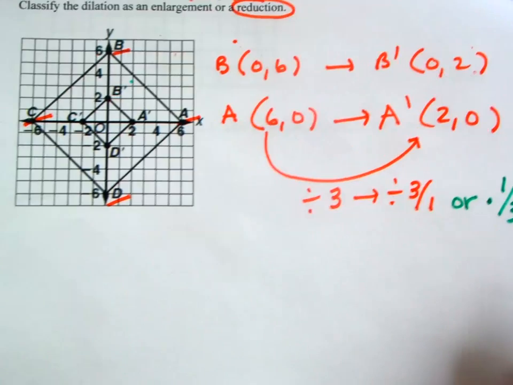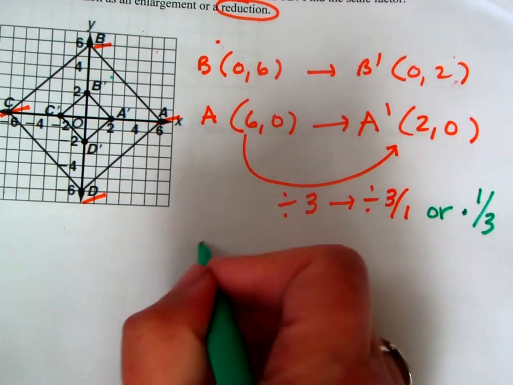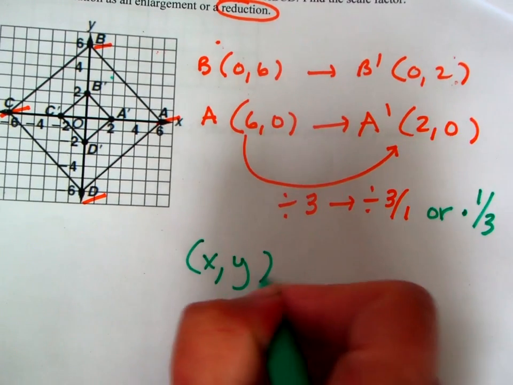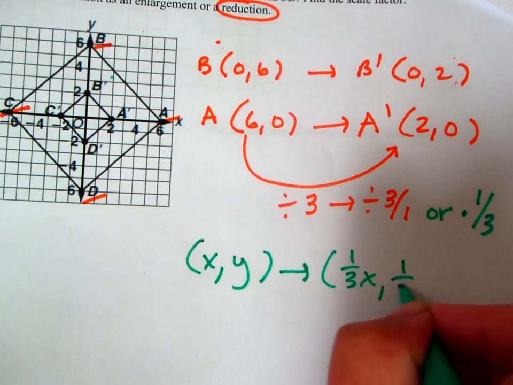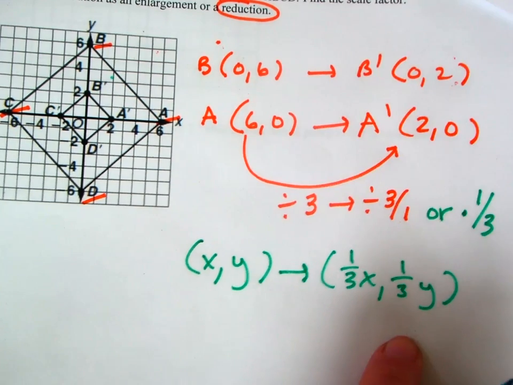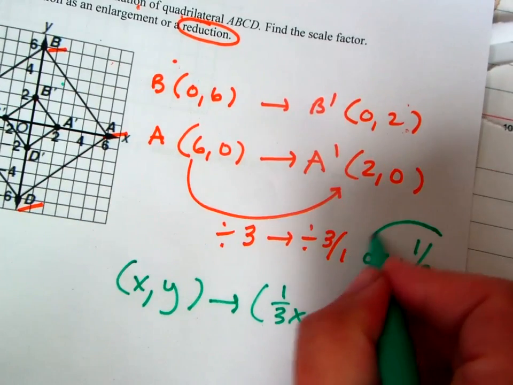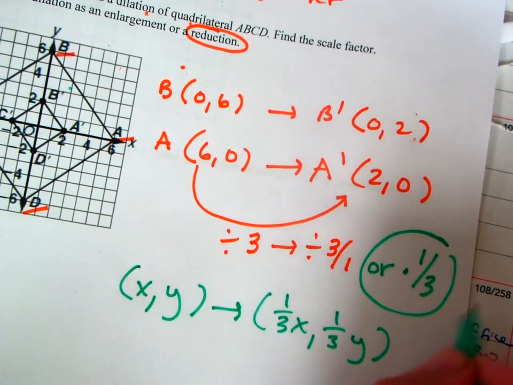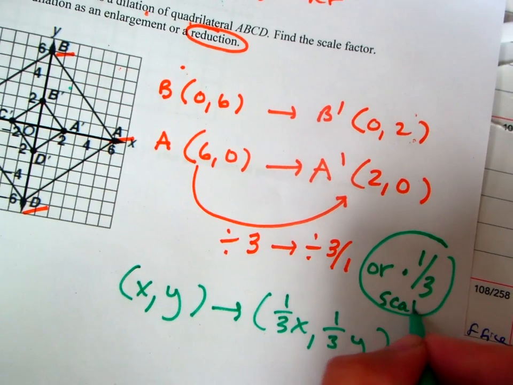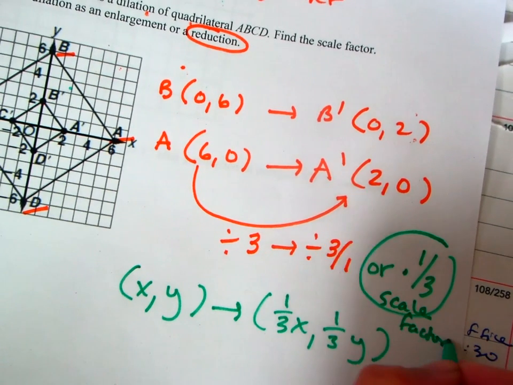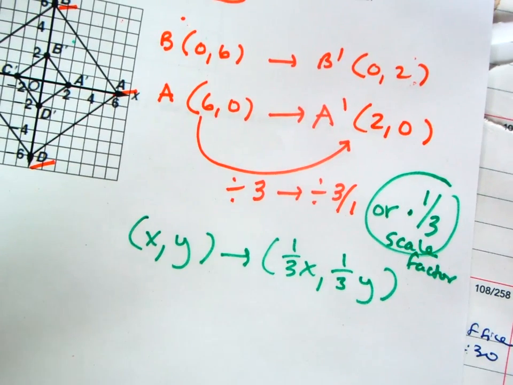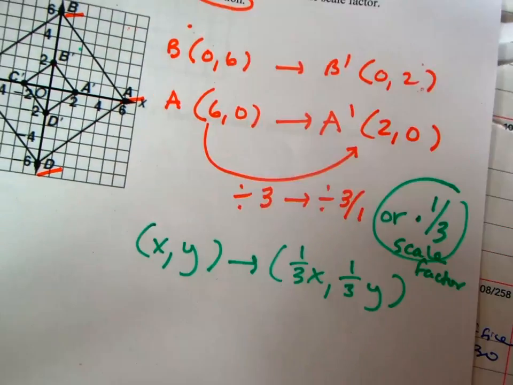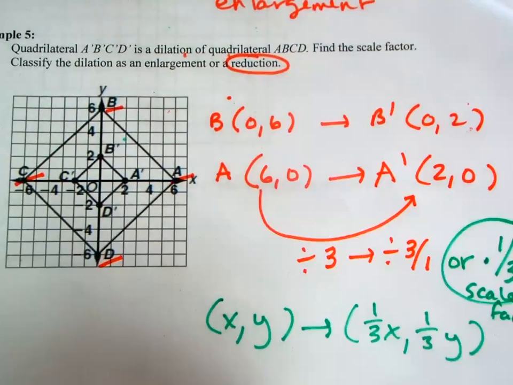So the way we're actually going to write the rule here is (x, y) goes to (1/3 x, 1/3 y). Now it didn't actually tell you to write the rule. It actually said you needed the scale factor. Well, the scale factor is 1/3, and we did that last year as well with scale factors. So this is kind of the one that really goes back to similarity and talking about similar figures. All right, one more example.